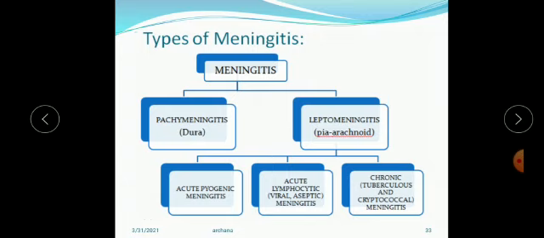One is acute pyogenic meningitis, occurring as a result of bacterial causes; acute lymphocytic meningitis, occurring due to viral infection, also known as aseptic meningitis; and chronic meningitis, which is occurring by tuberculosis and cryptococcal meningitis.